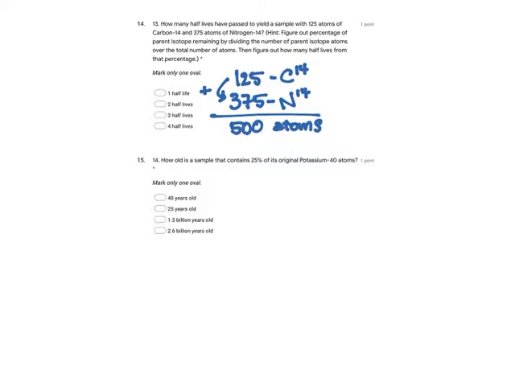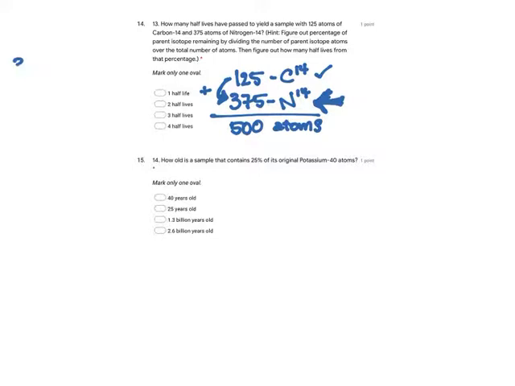And out of that 500, which of these quantities shows the number of atoms that have decayed? Well, we know we start with carbon and it decays into the nitrogen-14. So it's this quantity here that we want to compare for what decayed. So let's figure out what percent that is of our total.